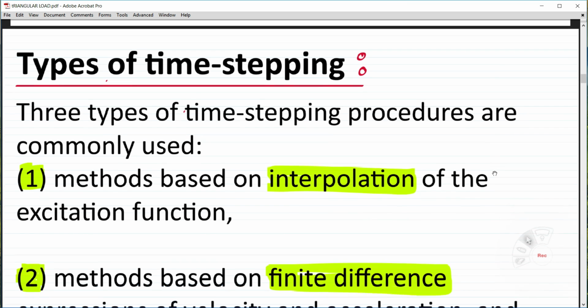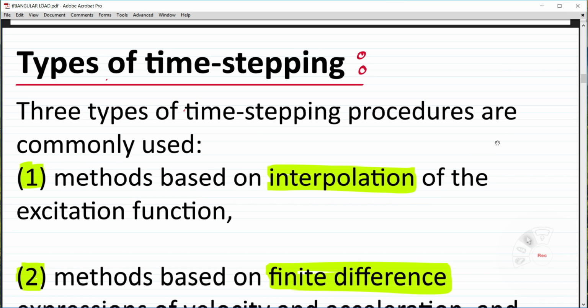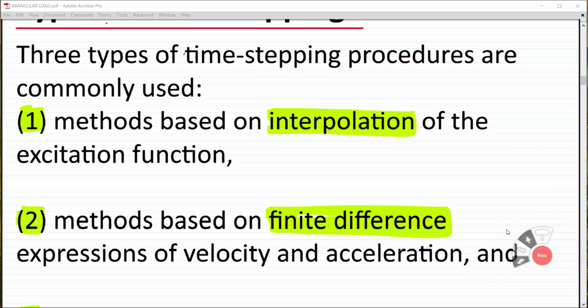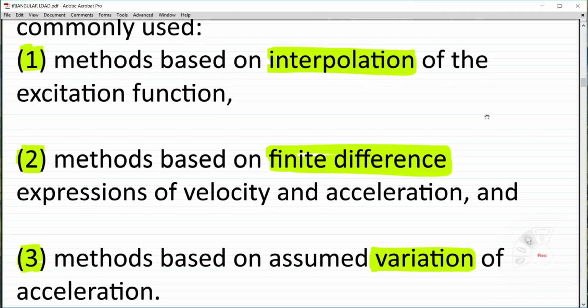numerical methods. Okay. In general, we have the type of time stepping. As I said, time stepping methods are the most common ones. So commonly we have three different types of time stepping procedures. First, we have methods based on interpolation of the excitation function.